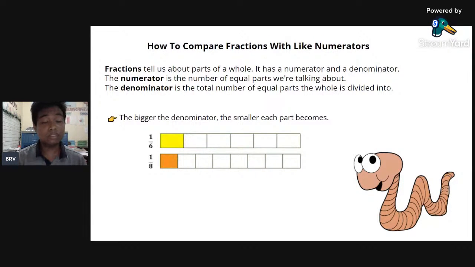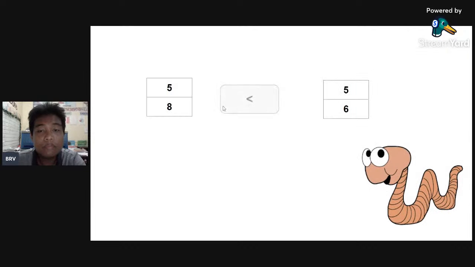In the illustration, we can say that 1/6 is bigger compared to 1/8, because when you cut something like chocolates or cakes, if the denominator is bigger, the piece is smaller.